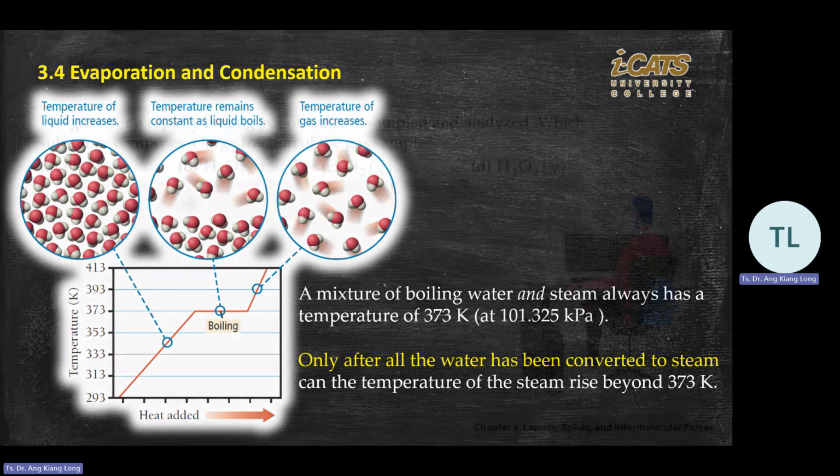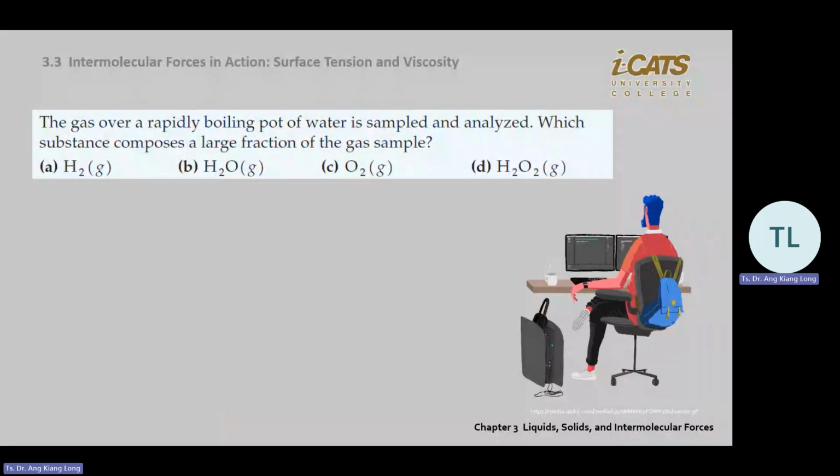This is just a quick question. The gas over a rapid boiling pot. Boiling, you see the word boiling basically asks you about pressure, the maximum temperature, and so on. Is sampled and analyzed. Which substance composes the larger fraction of gas sample?